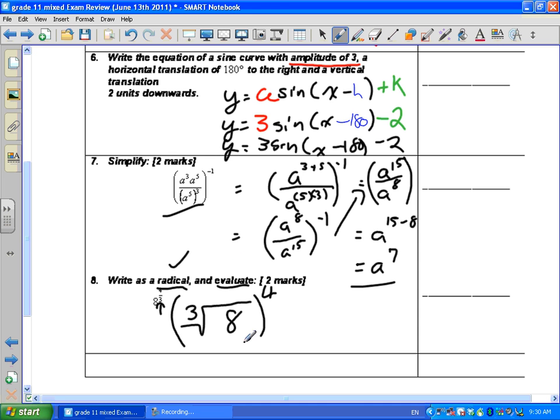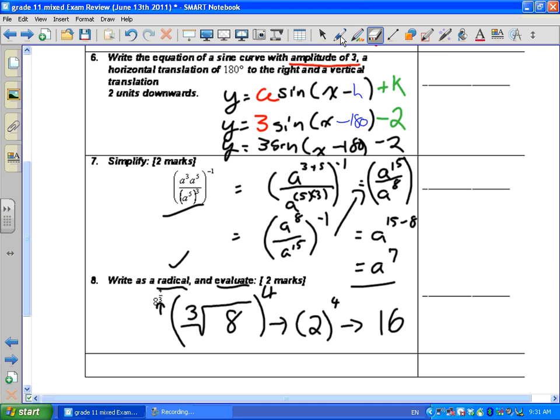Evaluate is the second part. 3rd root of 8, what number multiplied by itself 3 times makes 8? 2. So the 3rd root of 8 is 2 to the power of 4. And 2 to the power of 4? 16. So now, you got it.